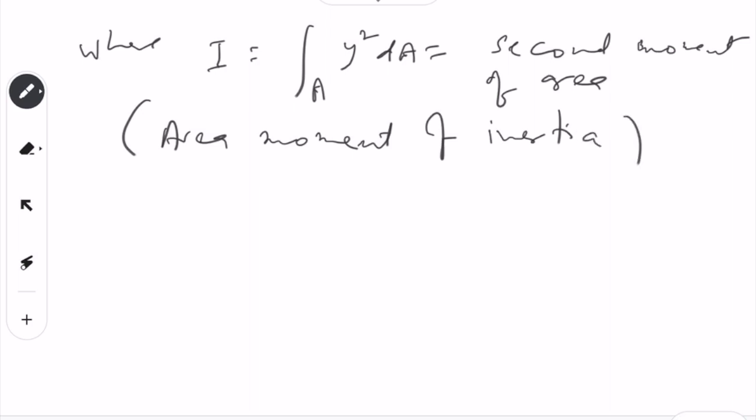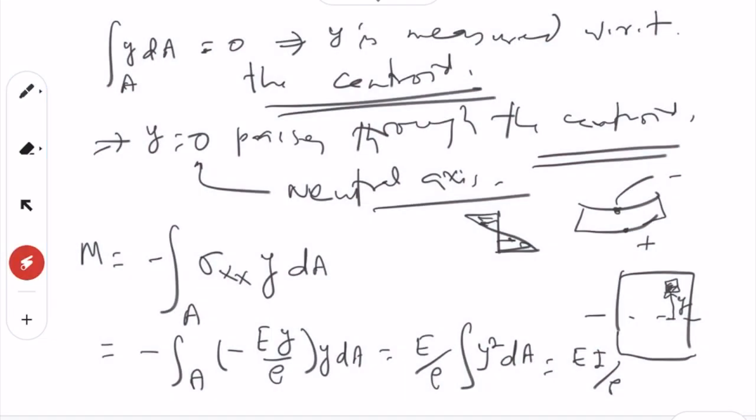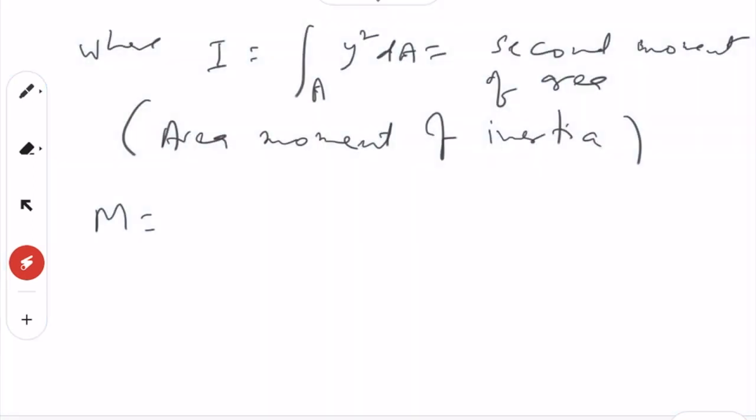So what we get is M equal to EI over rho, simply. The only thing remaining now is the value of rho.